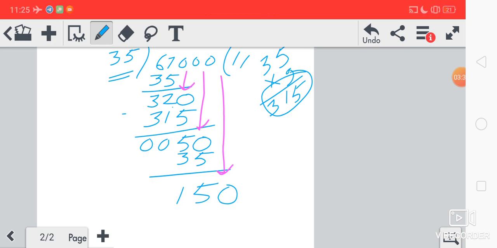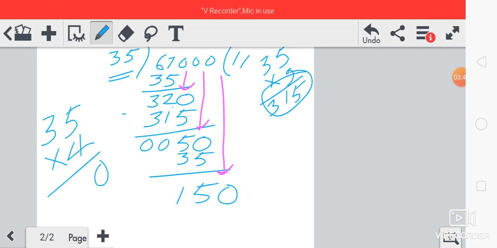Now we'll see whether 150 comes in the table of 35. So we'll multiply 35 into 4. 4 fives are 20, 2 carried, and 4 threes are 12, plus 2 is 14. So we are getting 140.